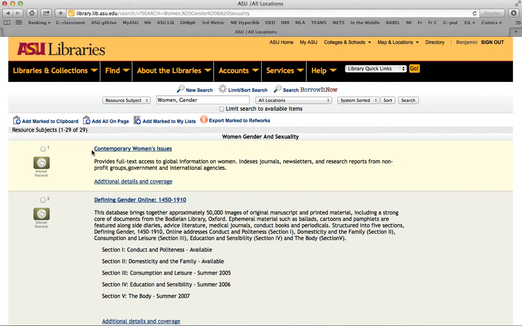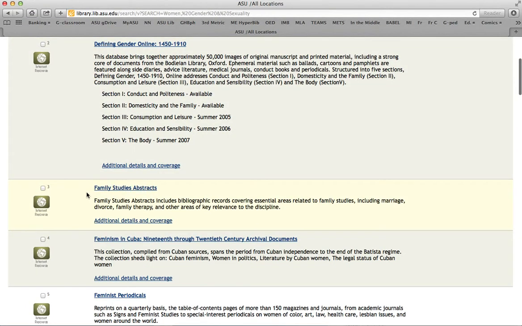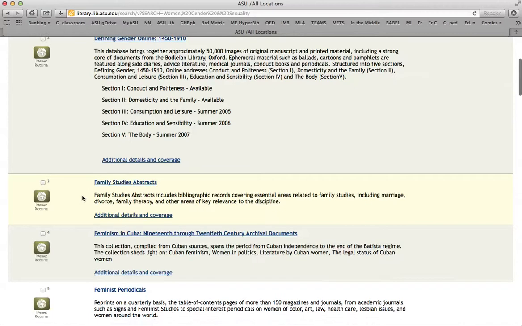So contemporary women's issues, read these descriptions down here. This database provides full text access to global information on women, journals, newsletters, research reports. Okay, so that could be useful. Defining gender online, that might be useful. Family studies abstract. So if you think about abortion, for instance, that's something that may come in handy.